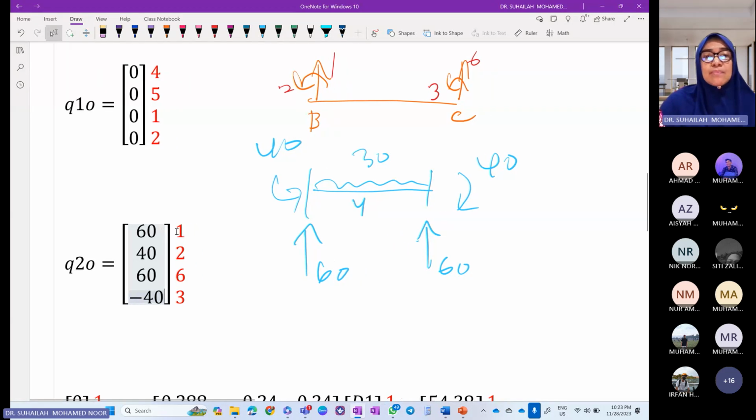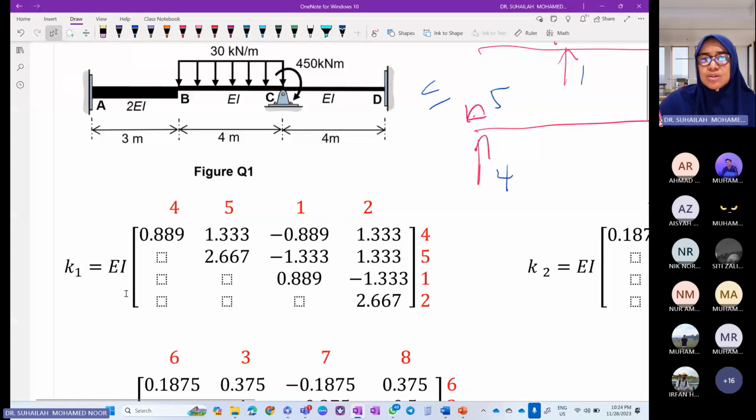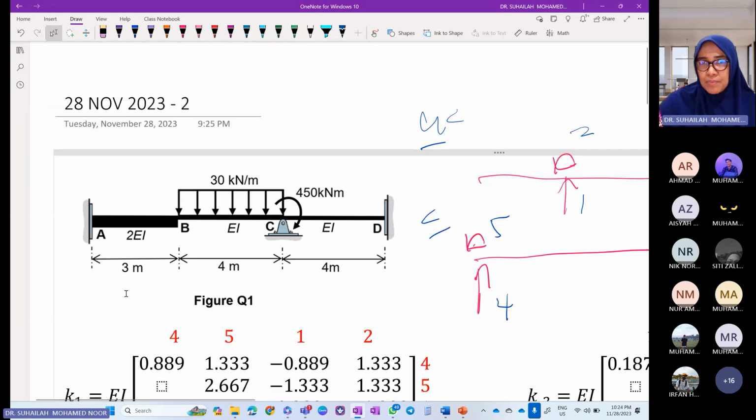Okay, this is Q2 naught. Actually, if you don't want to write Q1 naught, also okay, understood that you understand it because it is 0. We only calculate the value for Q2 naught. Q3 naught also, the value is 0.